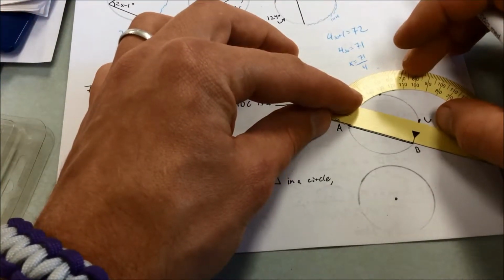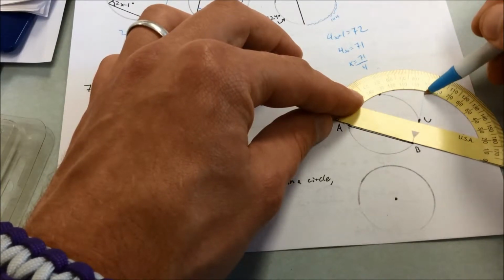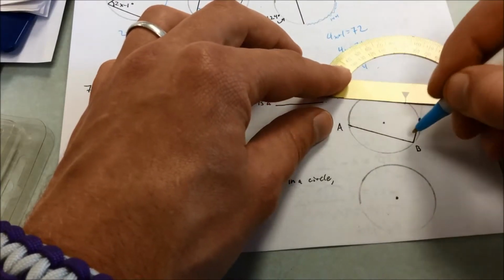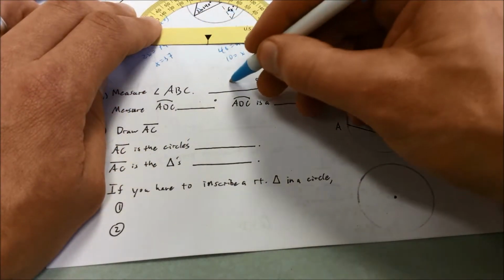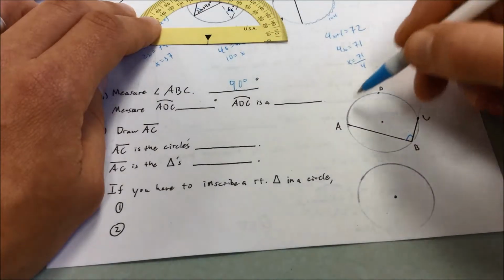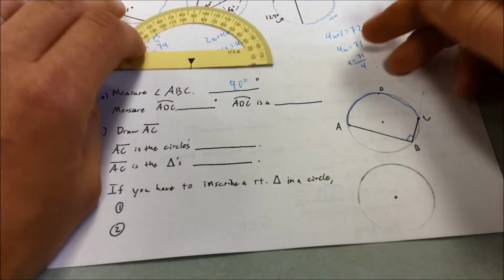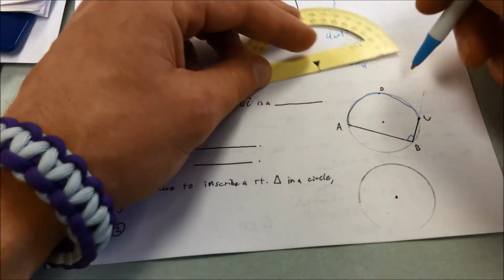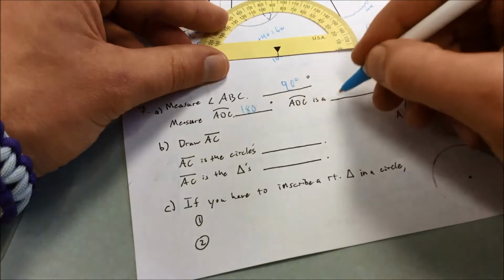So measure that thing and extend that. Oh, that's 90. Okay, great. So that's 90 degrees. Arc ADC, well, let's see here. That looks like it's 180 degrees because it's a semicircle.